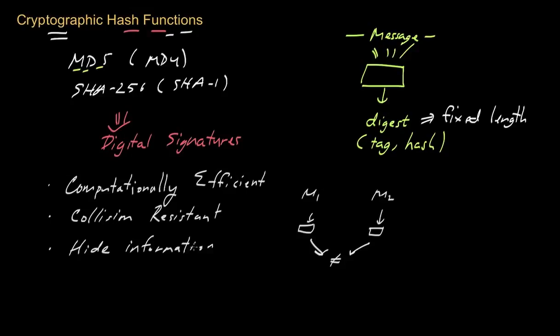Now, a fourth property I want to point out is that you typically want the output to be well distributed. In other words, the output should look random. It should look like a set of coin flips took place, not that there was a predictable way in which the output was created. You can think of it conceptually as if you flipped a bunch of coins to get to the output.